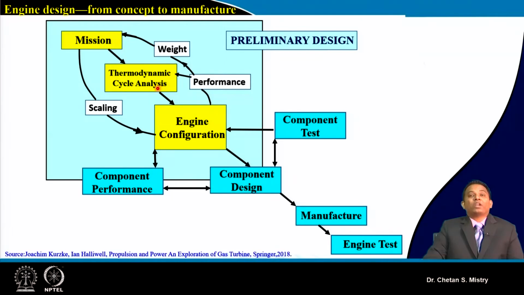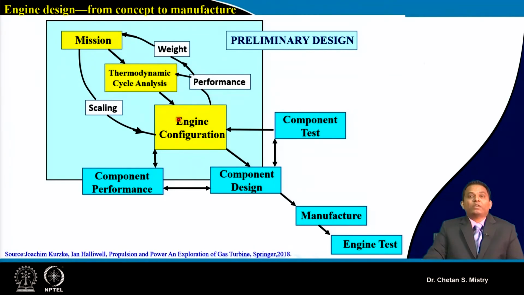When we are doing our calculation, it will give some information, like my thrust requirement is being met, but my specific fuel consumption requirement is not being met. So what it says is that you need to reiterate, go with the cycle analysis again, come up with the information, and again do the configuration. So this will be a repeating cycle.